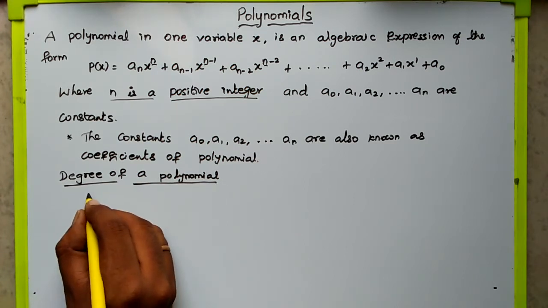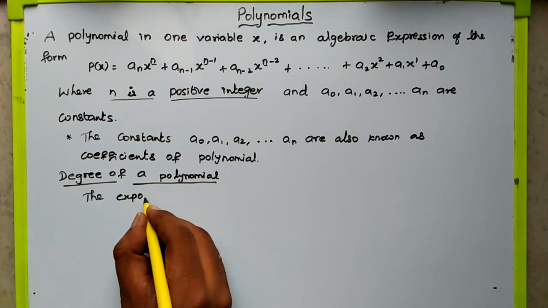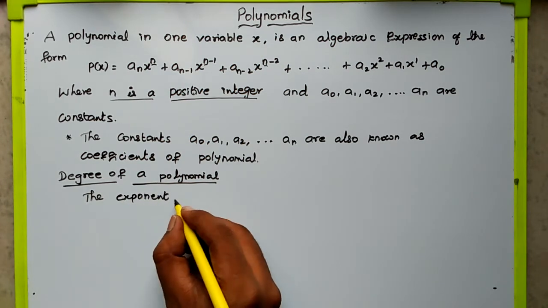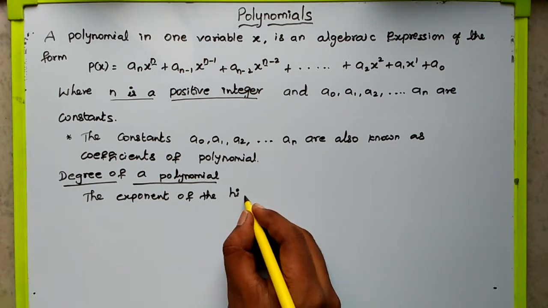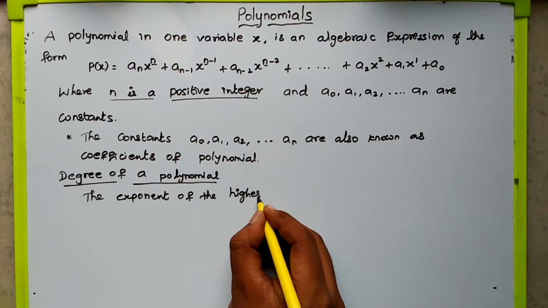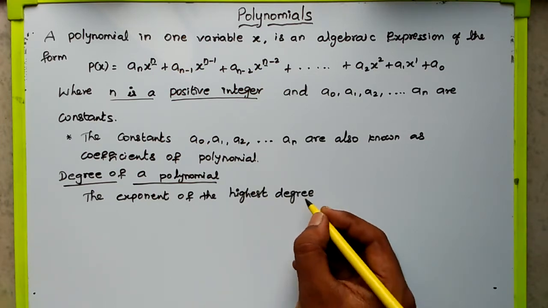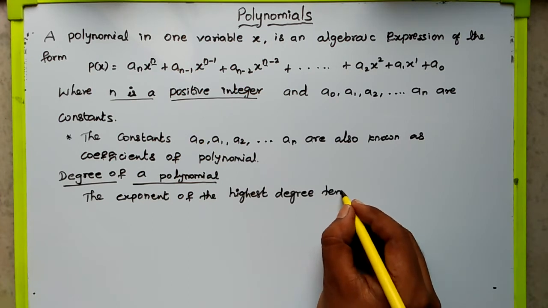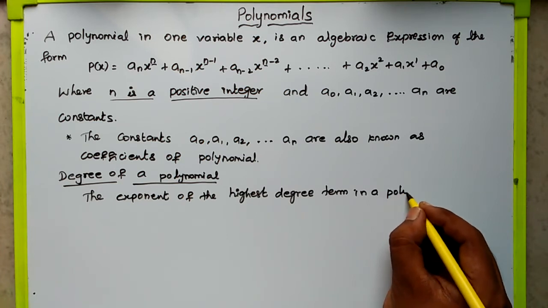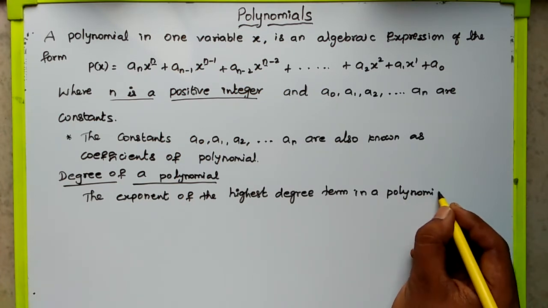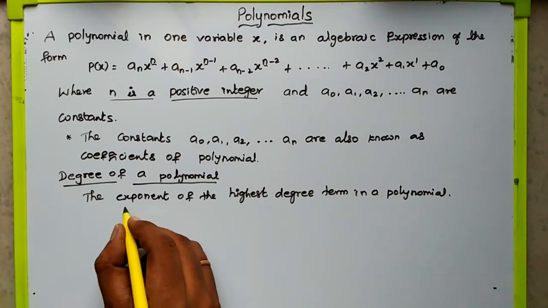The exponent of the highest degree term in a polynomial is known as the degree of the polynomial.